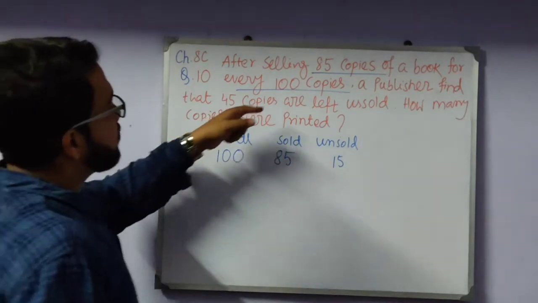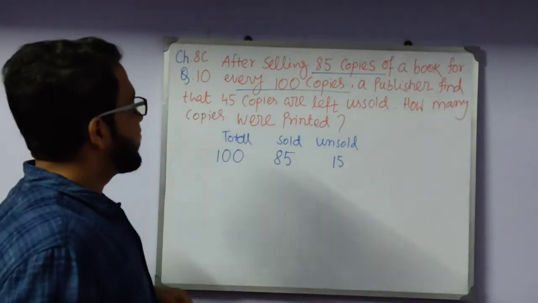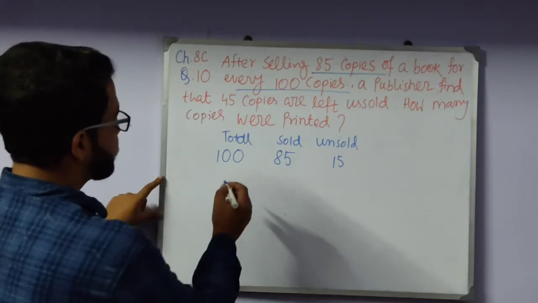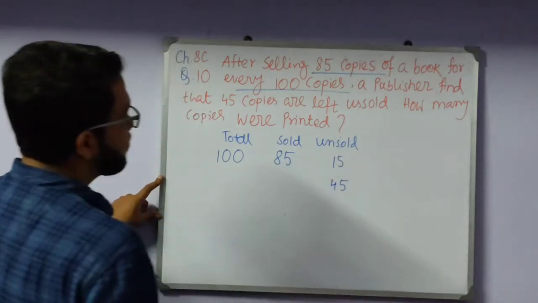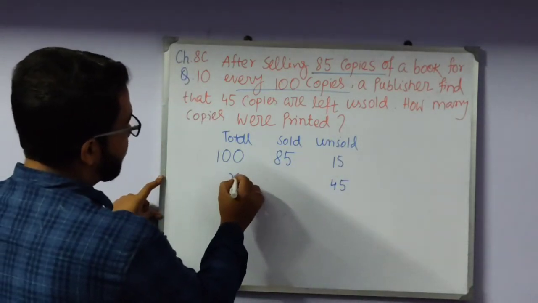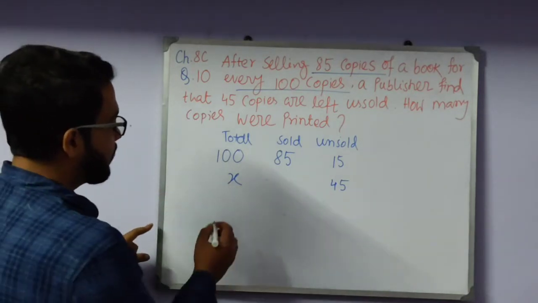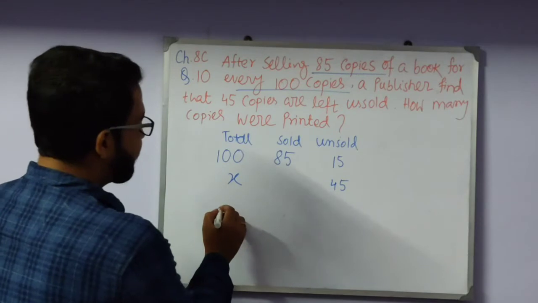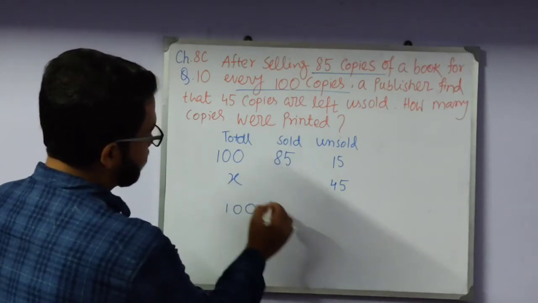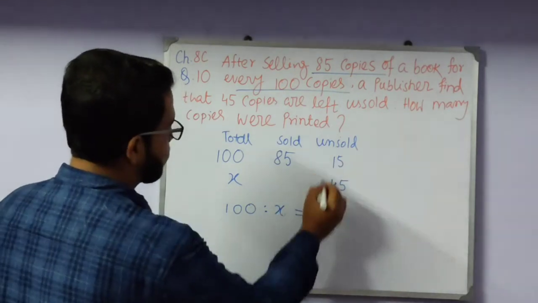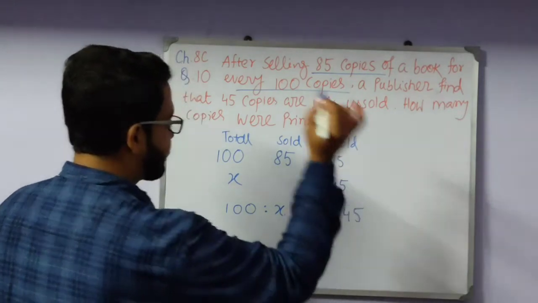Okay, so in the second case, what is the total number of copies he printed? In the second case, 45 copies unsold, and we take X as the total number of copies that he printed. So we can write 100 is to X is equal to 15 is to 45.